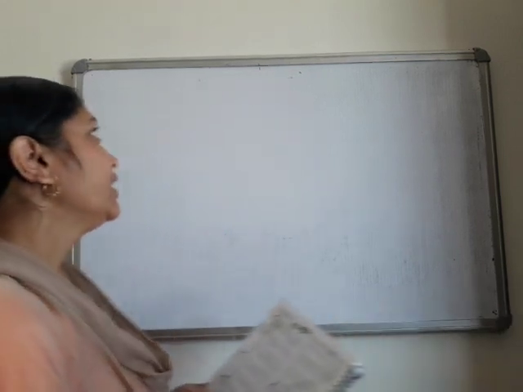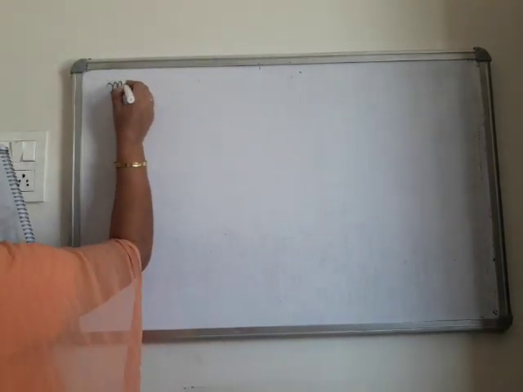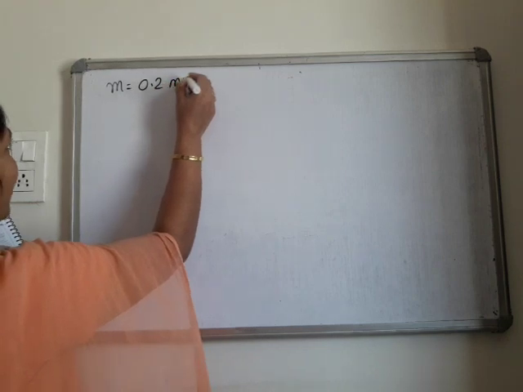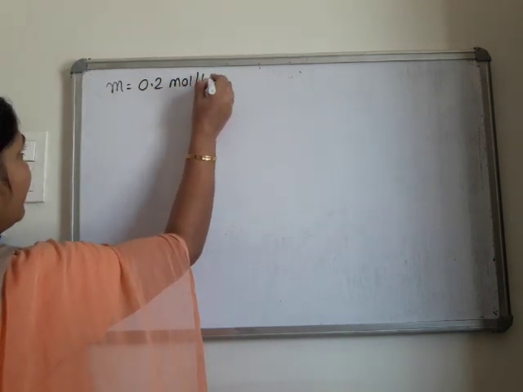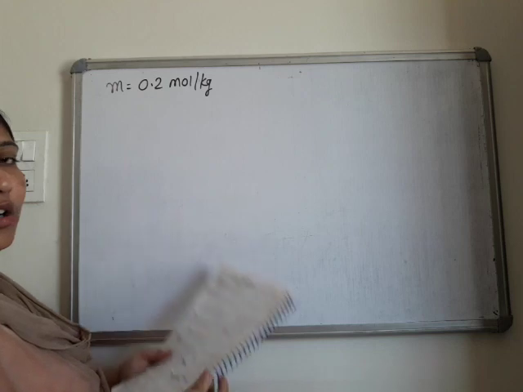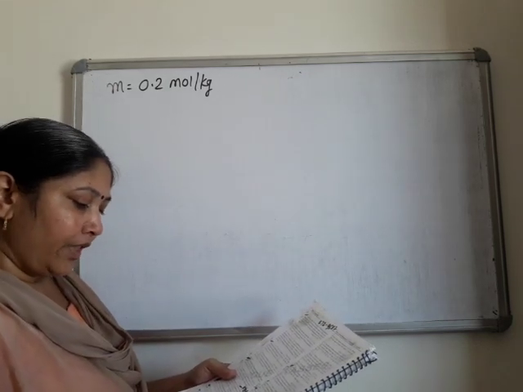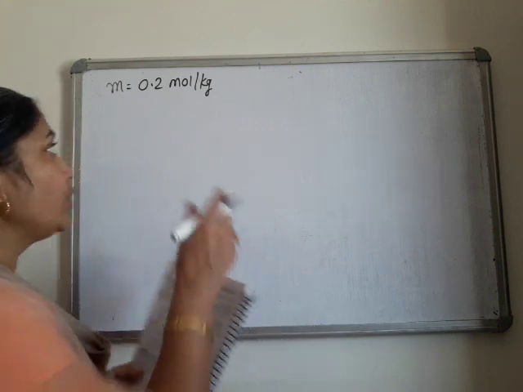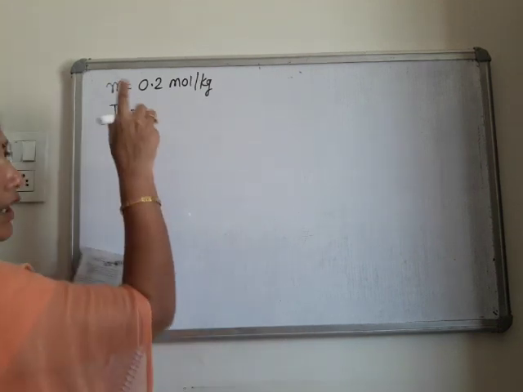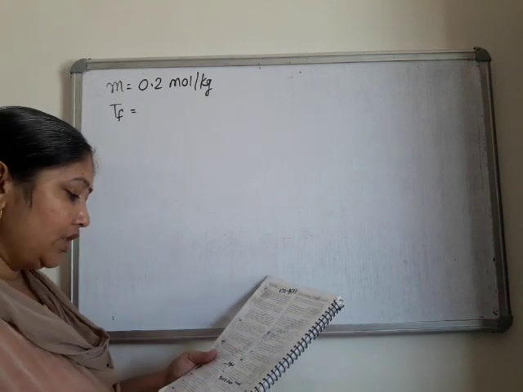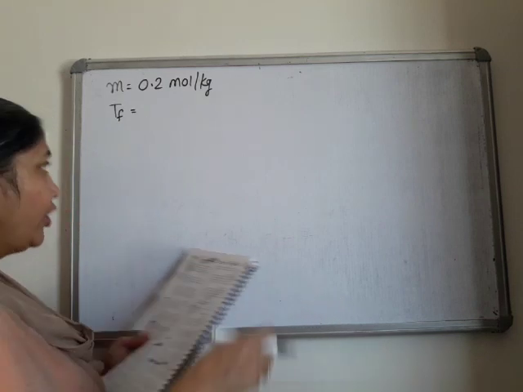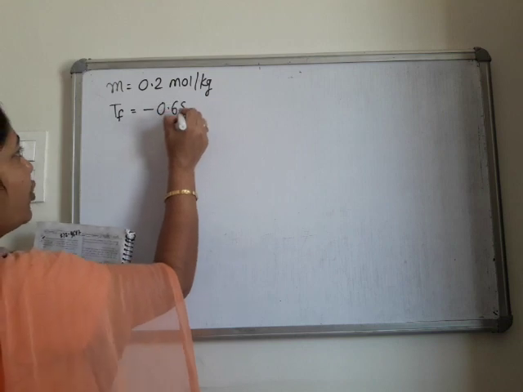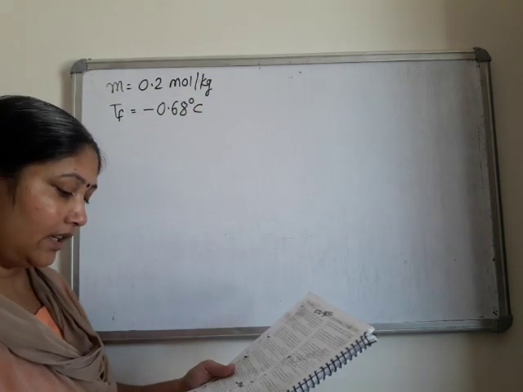Let us find it. Read the question carefully. A 0.2 molal aqueous solution of KCl. 0.2 molal means molality is given. You can write simply small m, or its split up is mole per kg. It freezes at, so that is the freezing point of the solution, the actual value: minus 0.68 degrees Celsius.